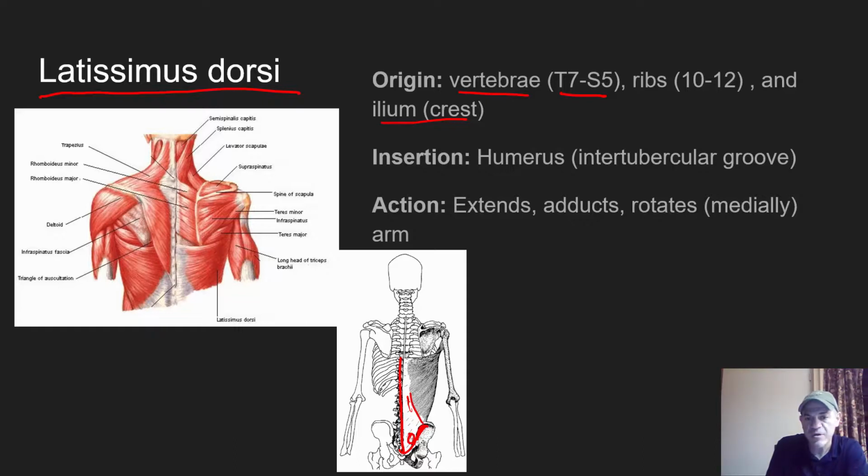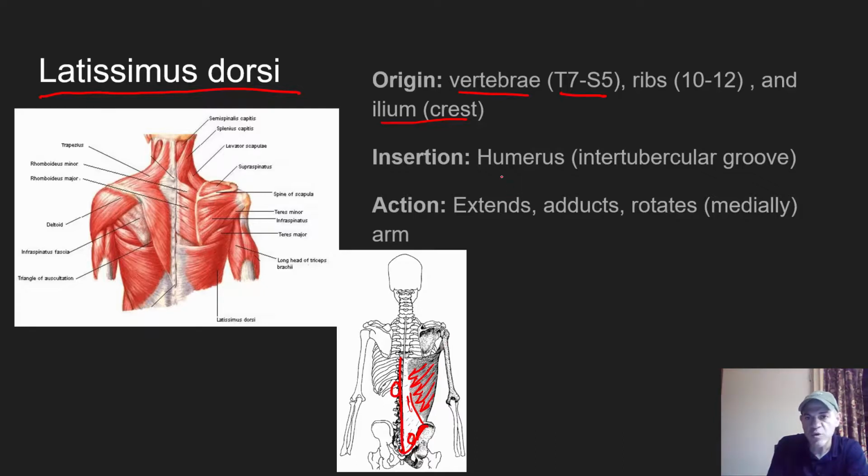So all of this is origin for this muscle, and you can see the direction of those fibers and fascicles in this muscle. That would be drawing the insertion in that direction.